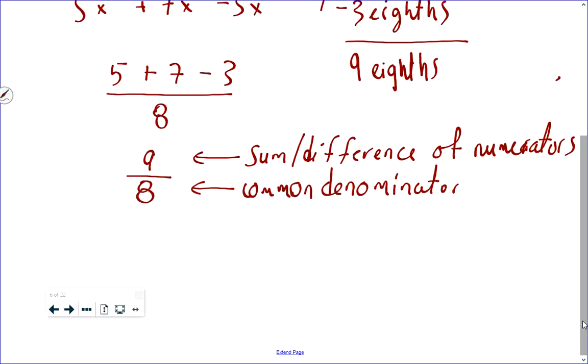And I'm not always going to be explaining it this way because, quite frankly, if it's over 8, I can say eighths, and that makes sense. If it's over x plus 1s, what am I going to say? X plus 1ths? Doesn't even really make sense.